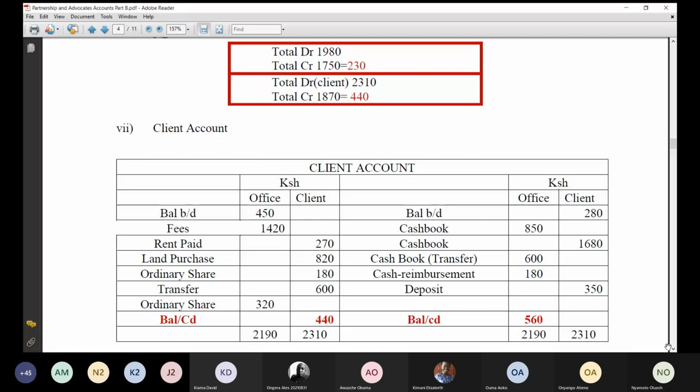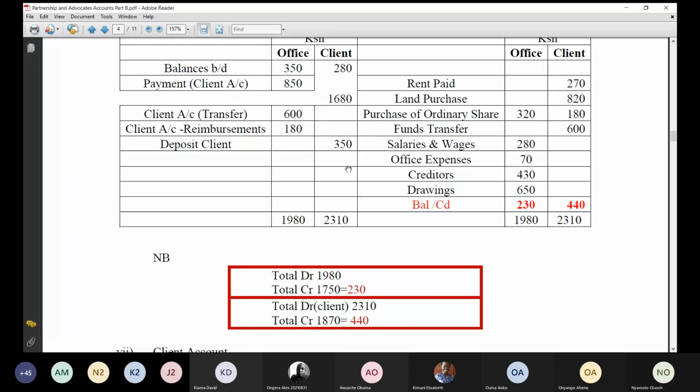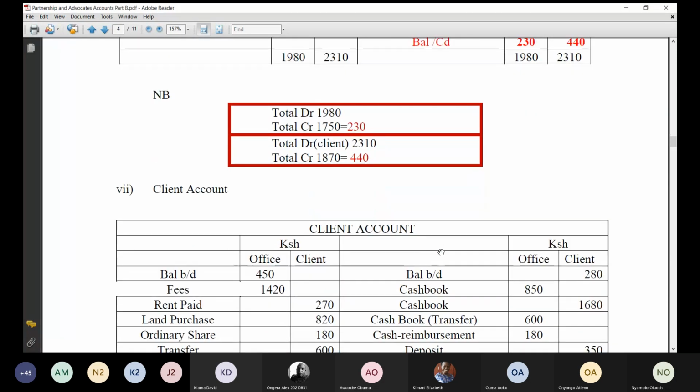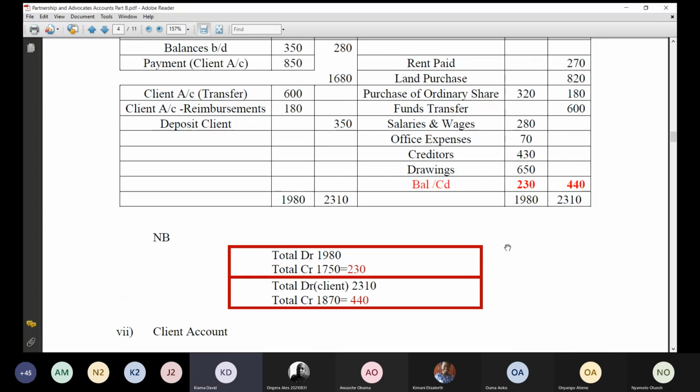Those are the effects of the transactions that we should be able to interrogate. So for this particular one, it reduced our disbursements, and it also reduced what we owe to the client. We've also recorded it in our cash book. So the next one, Note 6.